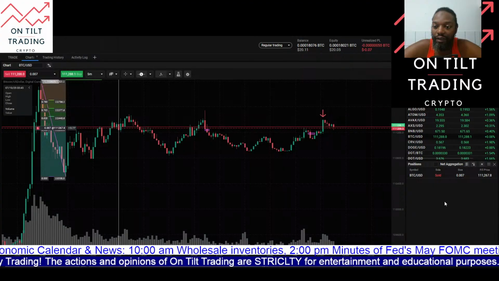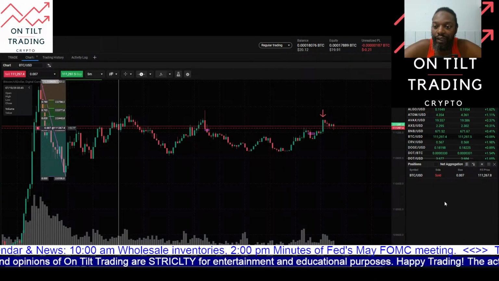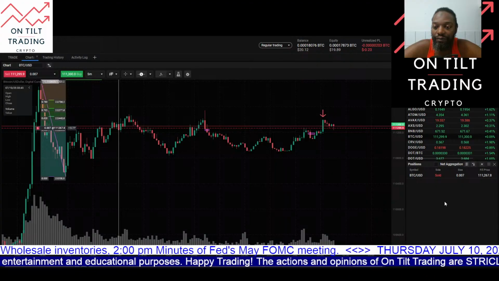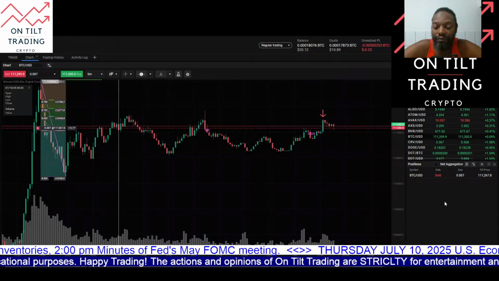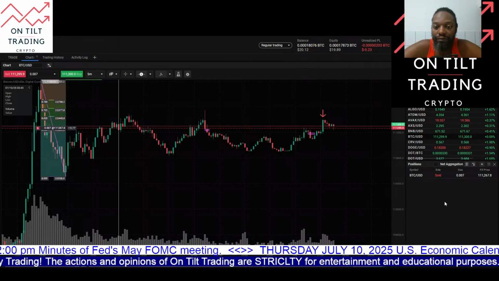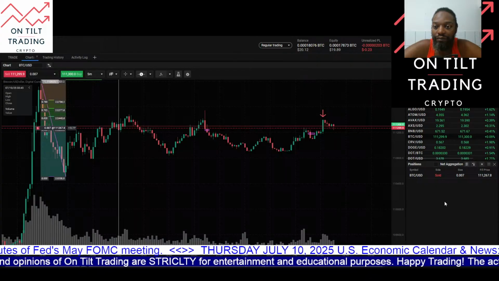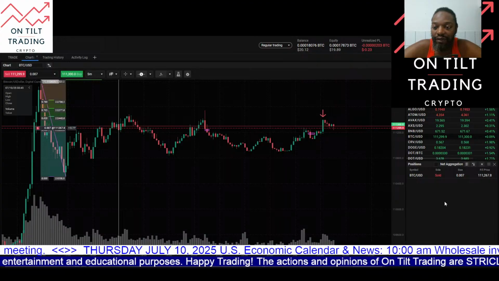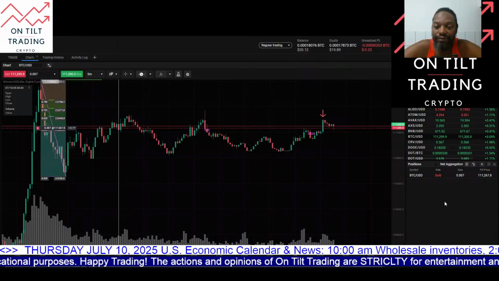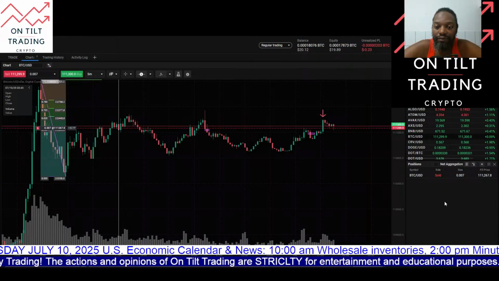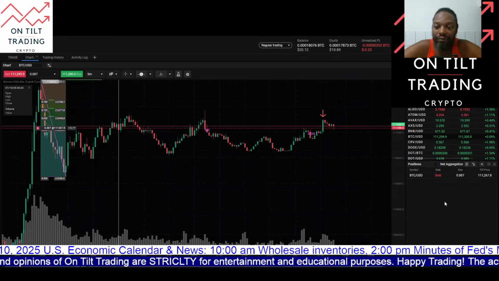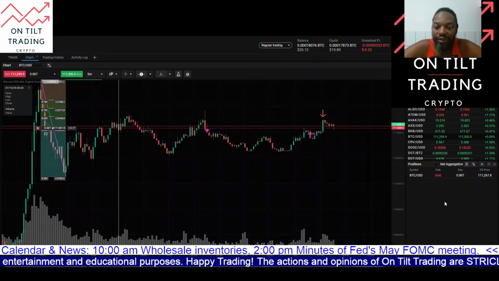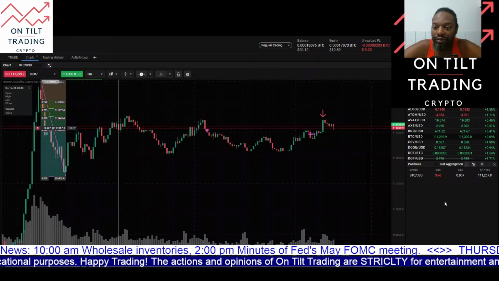And price consolidating here, back at the 111,300 level. Less than 1 minute remaining in the current 5-minute candle. Price still being delivered with lower highs and lower lows overall.